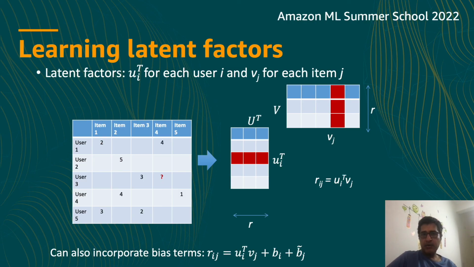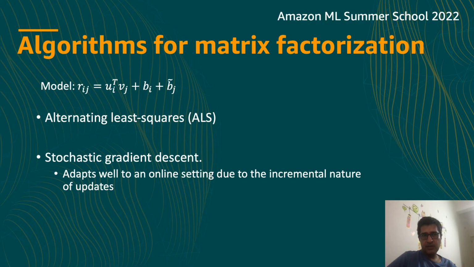Now the question is, how do you learn these particular parameters, right? So, how do you learn the overall parameters for these equations, so to say. Let's say that you have been given this particular model. For now, we assume that the model that we are trying to learn is simple: an interaction term, and then bias terms for the user and the item as such. One way of solving this is through alternating least squares.